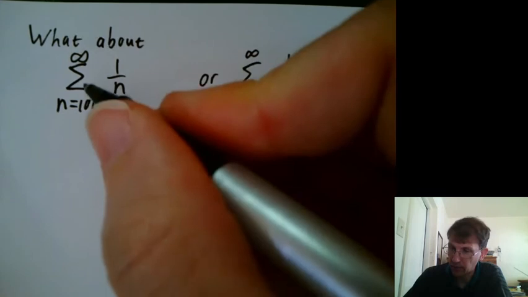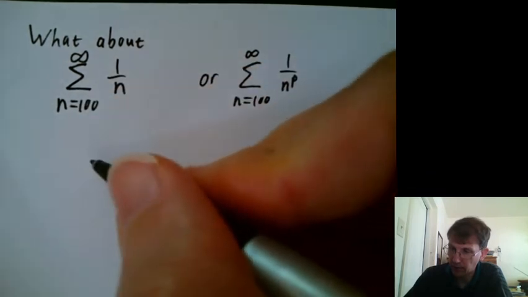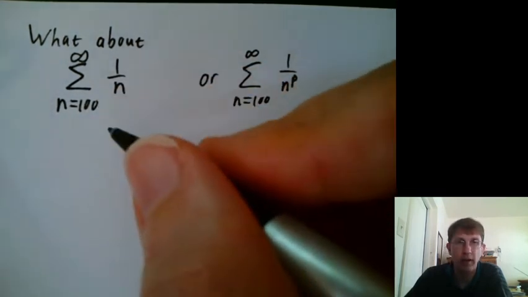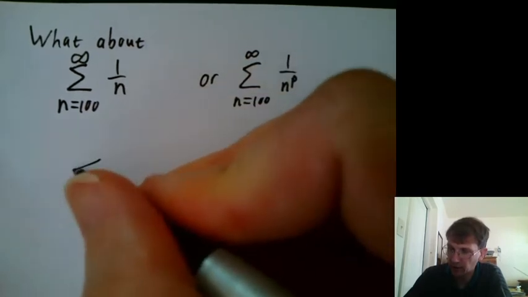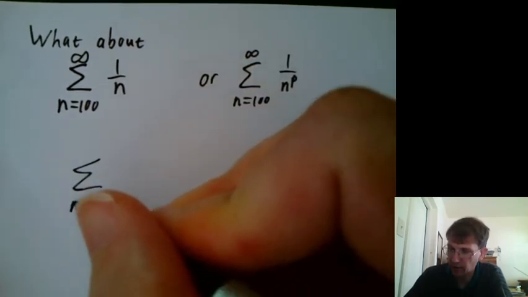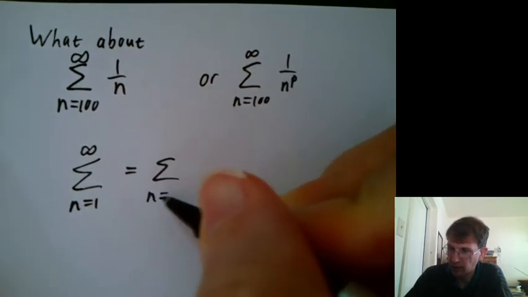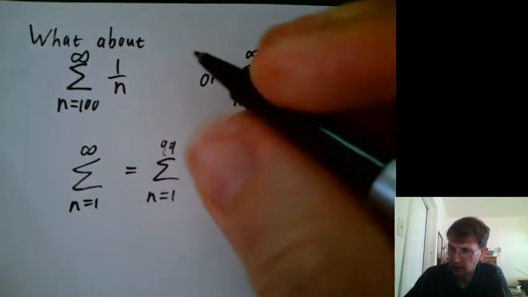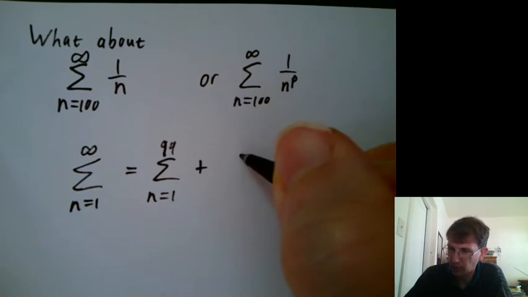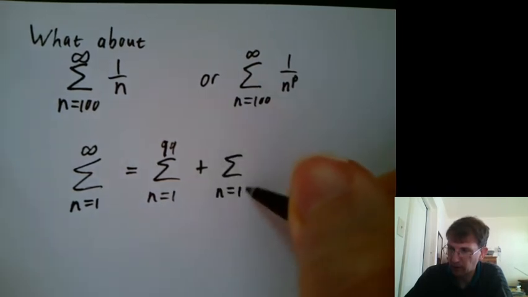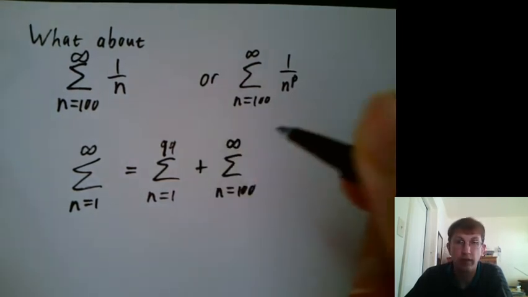Well, we can say this thing, how does that relate to the whole thing? We could say the sum from n equals 1 to infinity is the sum n equals 1 to 99, for example, plus the sum n equals 100 to infinity.